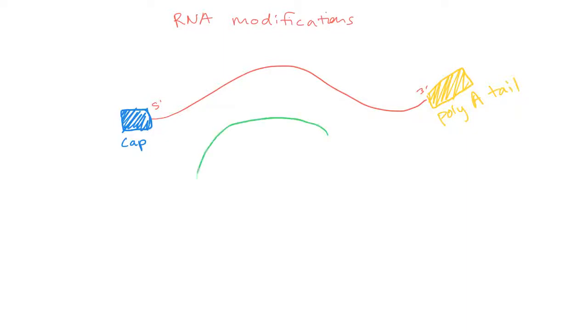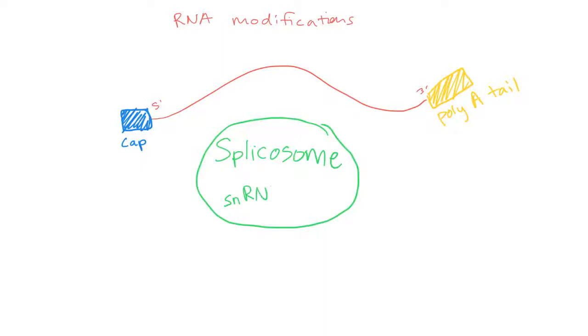And one of the structures that does that is called the spliceosome. Okay, and this is done by small nuclear ribonucleoproteins. I can't remember actually what that stands for, but SNRPs is what it's called.